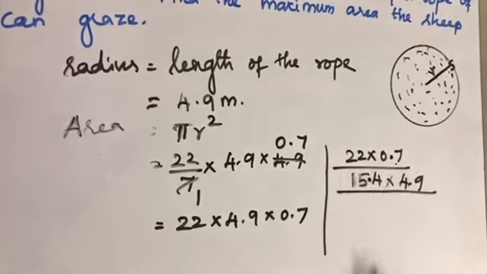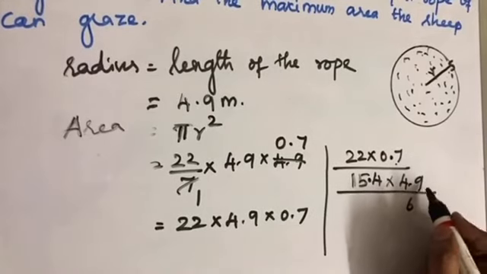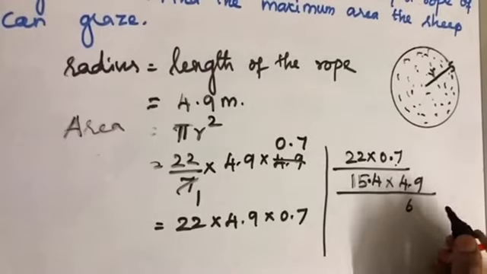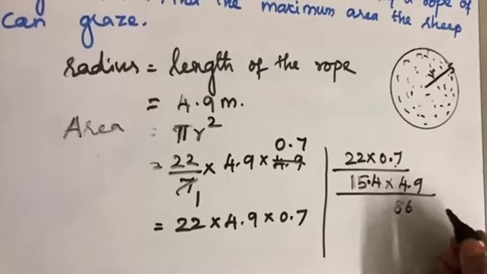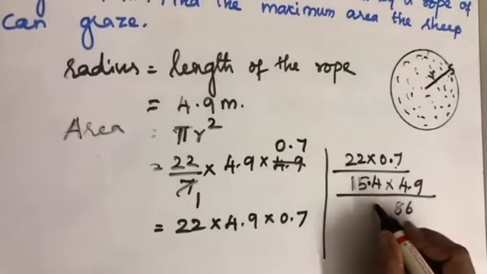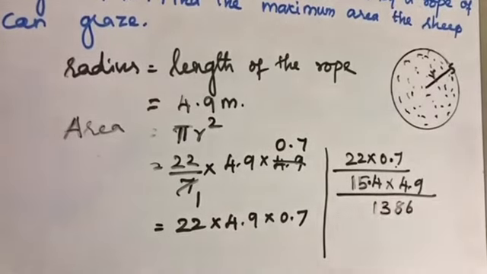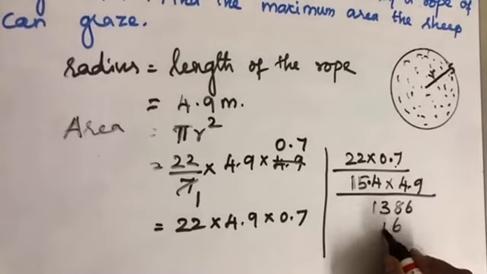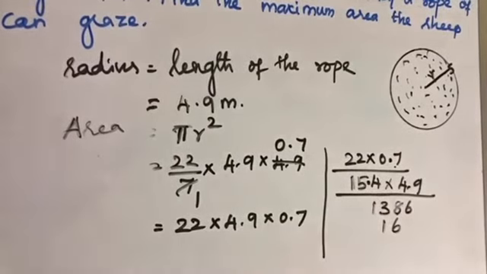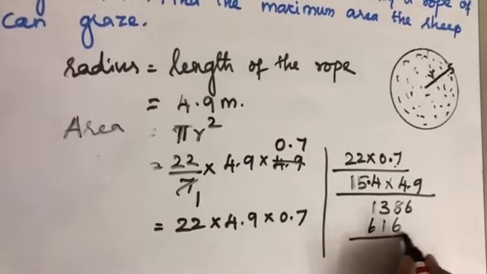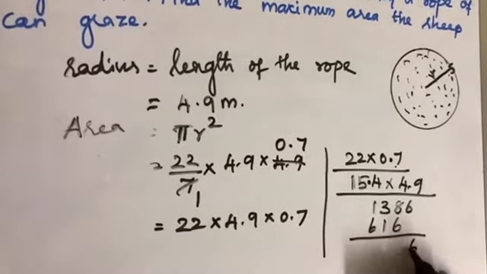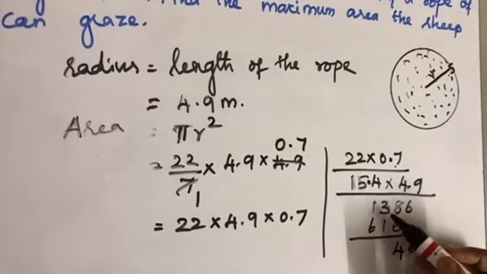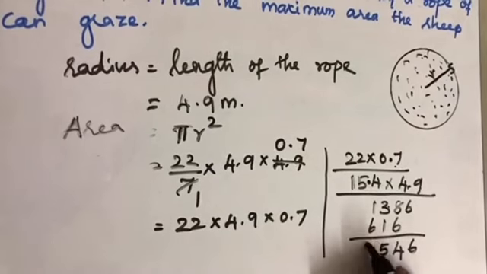So 4 9s are 36, remaining 3. 4 5s are 45. 45 plus 3, it is 48. 4 1 9 is 9 plus 4, it is 13. So 4 4s are 16, remaining 1. 4 5s are 20 plus 1 21. 2 1 4 is 4 5 6. 6. 8 plus 6, it is 14, remaining 1, 3 plus 1 4 plus 1 5, 6 plus 1 7.